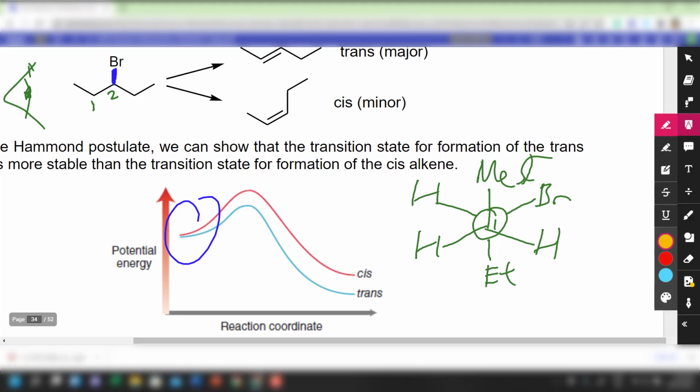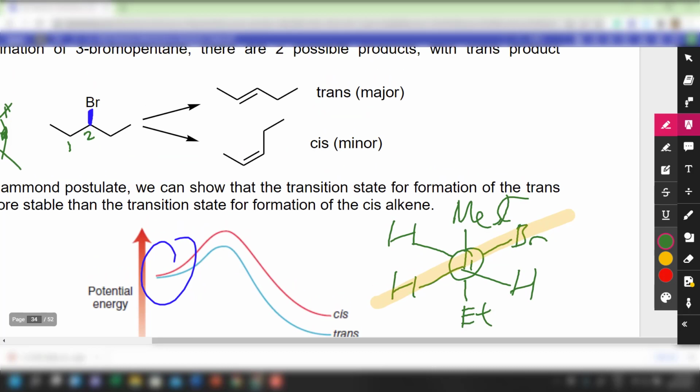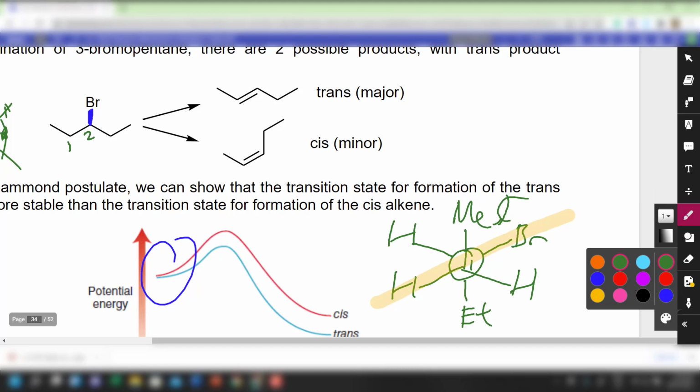So in this case, the anti-periplanar geometry is like this. Upon elimination, if indeed elimination takes place, I'm going to end up with a product that looks like this. So I have, oops, sorry, I need to change back to the pen.